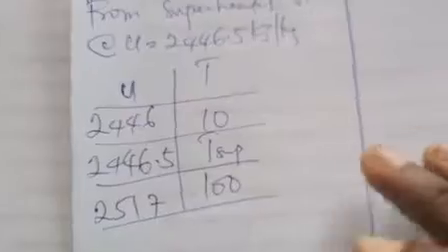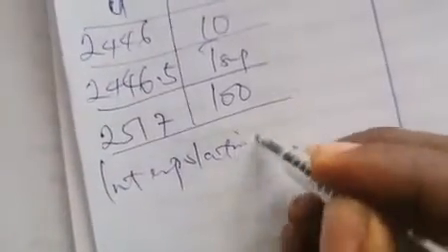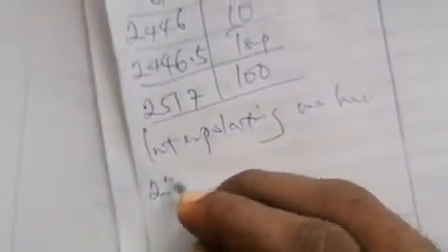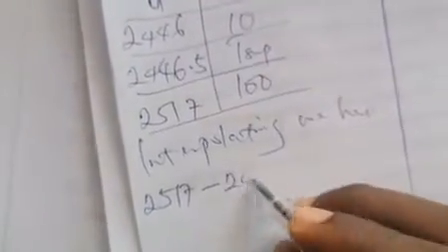So as usual, we interpolate. If we interpolate this, like I said, use the bottom to subtract the internal energy on the other side. So we use here 2517 minus 2446, at the top.